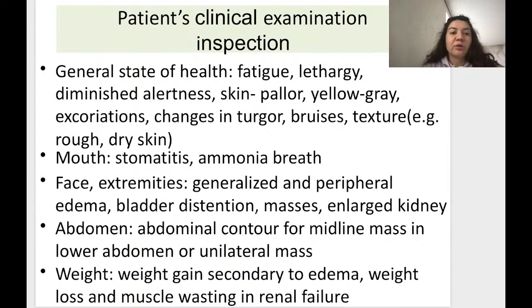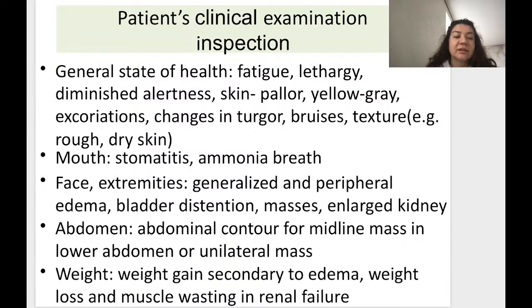Clinical examination of the patient. In a general inspection, we can find the general state of health. It is fatigue, lethargy, diminished alertness, skin pallor, yellow-gray skin, excoriations, changes in turgor, bruises, texture. It can be rough or dry skin. In the mouth, it is possible to find stomatitis and ammonia breath.